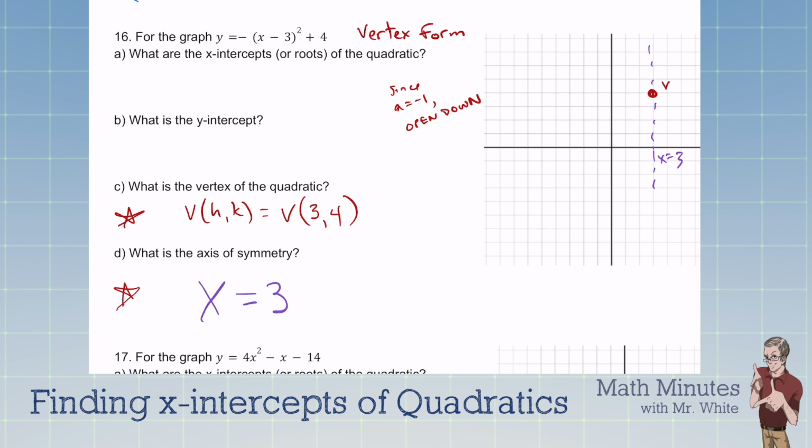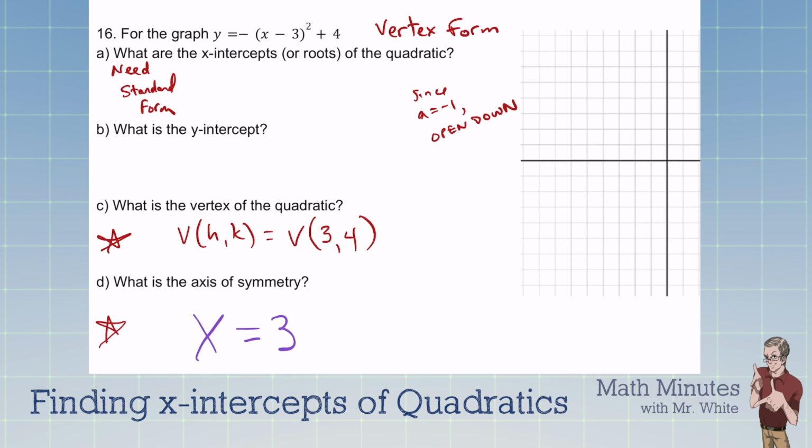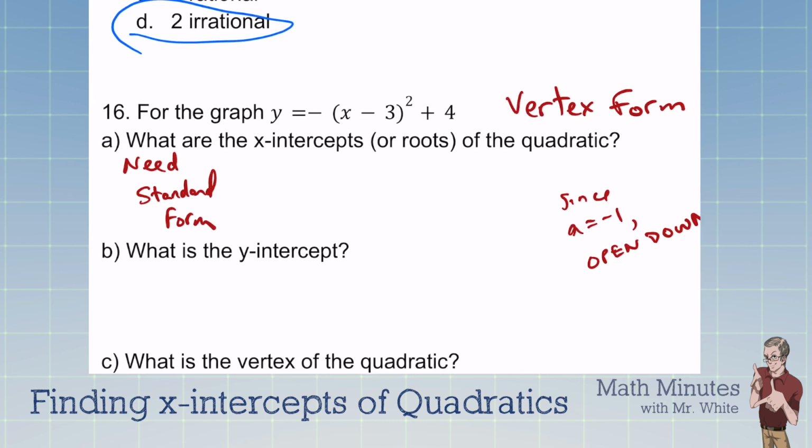That wasn't so hard. Now to find the x-intercepts and the y-intercepts, we really need standard form, folks. So we're going to have to do a little foiling here. So y equals negative x minus 3 times x minus 3 plus 4.